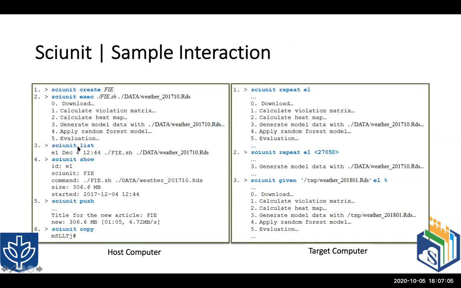Well, just by running that application, the PSI Unit is created. So you can list that PSI Unit, you can show the details about that PSI Unit, you can push it on the cloud, you can copy it to another machine, you'll get an identifier, and then the other user can just use this identifier to download the PSI Unit and repeat it.